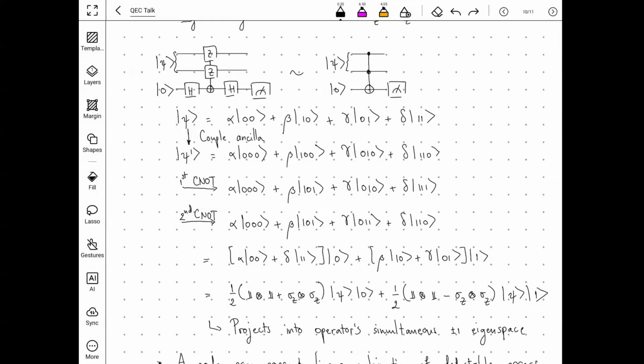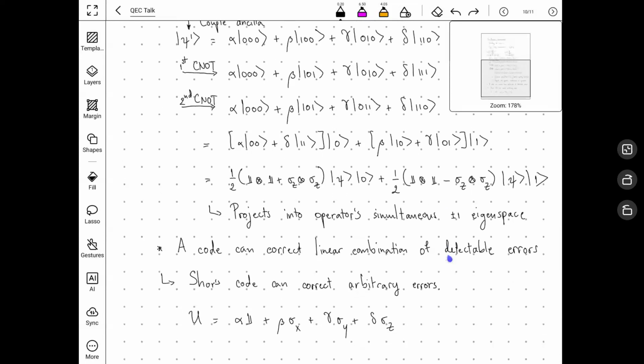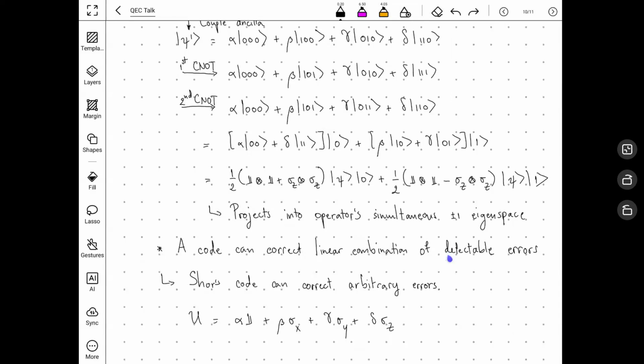You can see that it's actually a parity measurement, and you can use the same scheme for any type of stabilizer. Firstly, you couple the ancilla here. That becomes the state. You apply the CNOT here, which just flips if there's a 1, and you apply the second CNOT here. And you can pull the 0 out here and turn it into some kind of entangled state. Well, you can write those states as a projector right here.